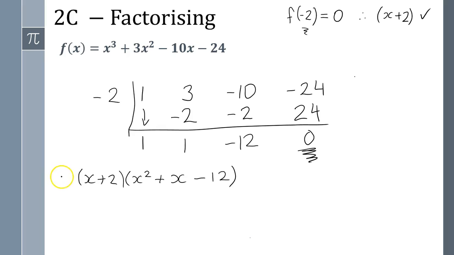So this is almost factorized. I've just got to figure out this quadratic function here. In this case, I can use simple factorization: 2 factors of -12 that add up to +1. So I've got x plus 4, x minus 3. And that's my cubic factorized.